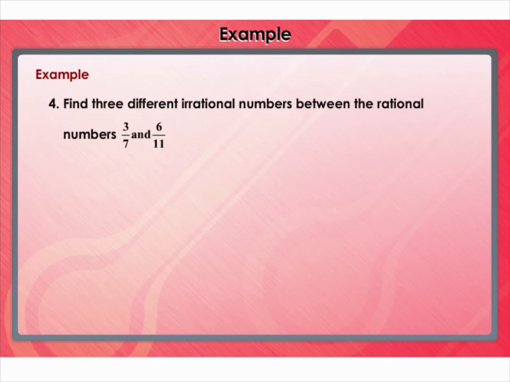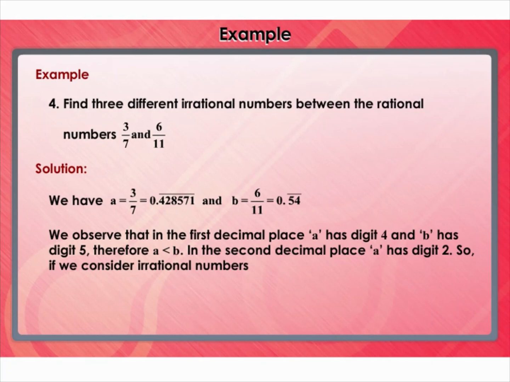Now let's consider another example. Find three different irrational numbers between the rational numbers 3 by 7 and 6 by 11. Solution. We have 3 by 7 is equal to 0.428571 bar and 6 by 11 is equal to 0.54 bar. We observe that in the first decimal place, a has digit 4, b has digit 5, therefore a is less than b. In the second decimal place, a has digit 2.